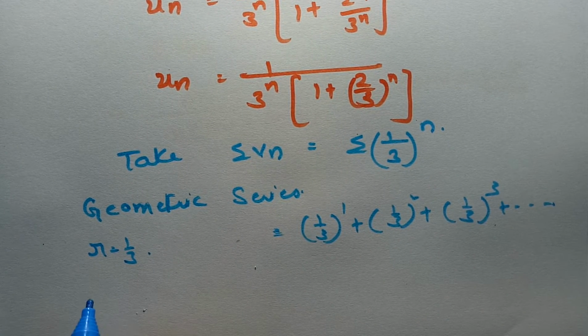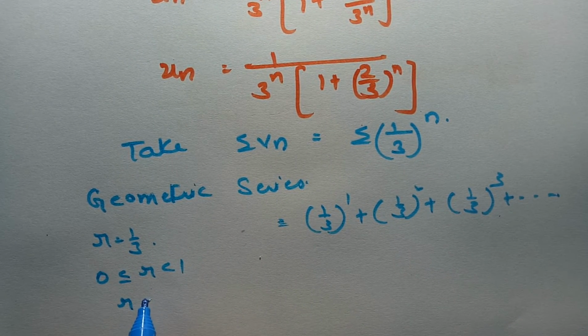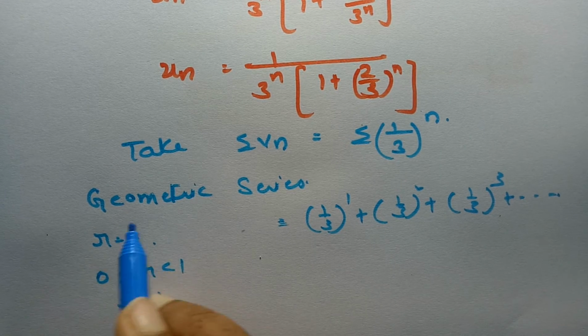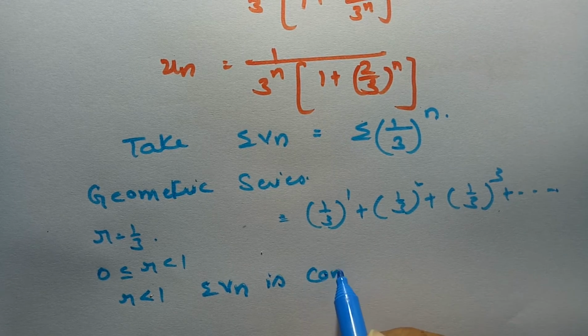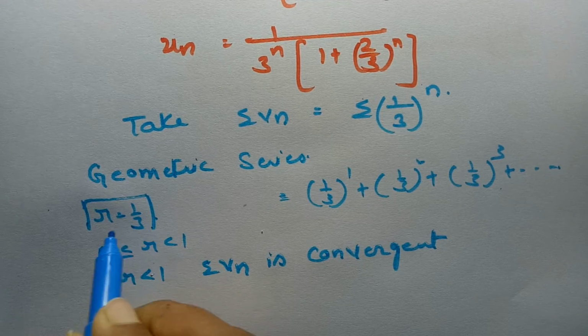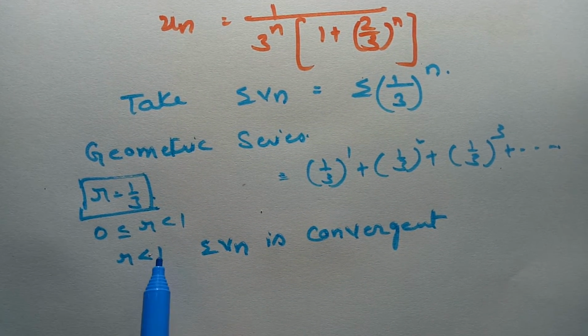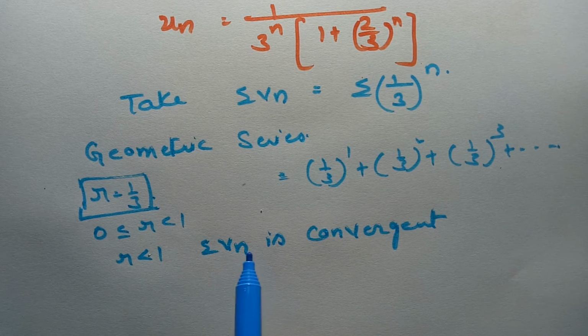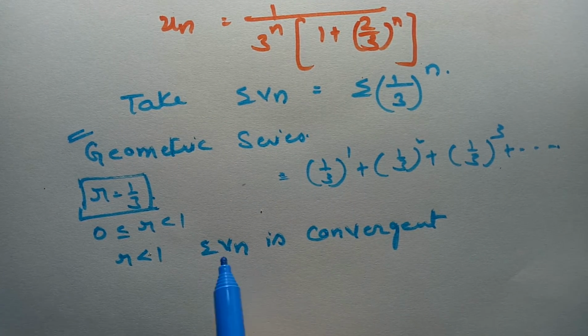According to the geometric series, if r is less than 1, sigma vn is convergent. Here our r value is 1 by 3, which is less than 1, so it is convergent, as I have already said in my previous video. So sigma vn is convergent.